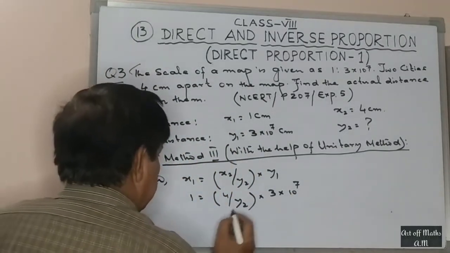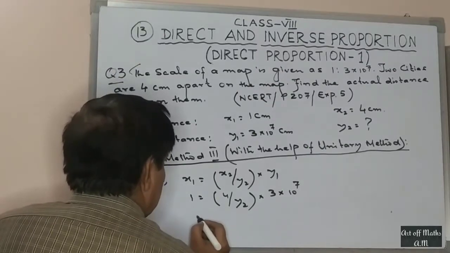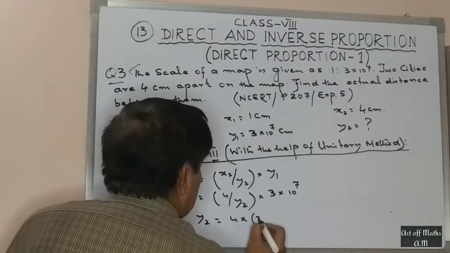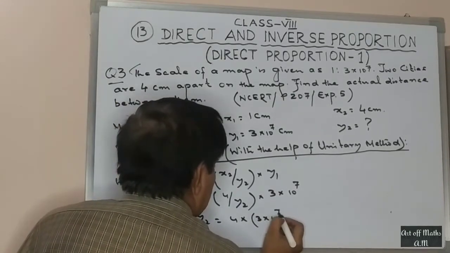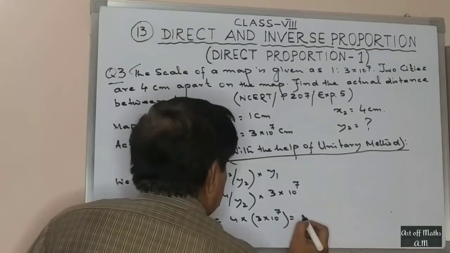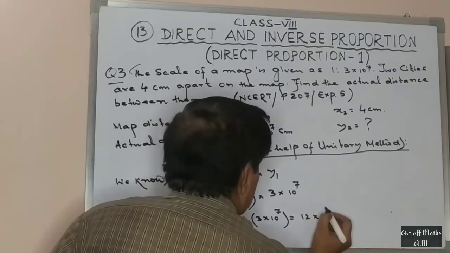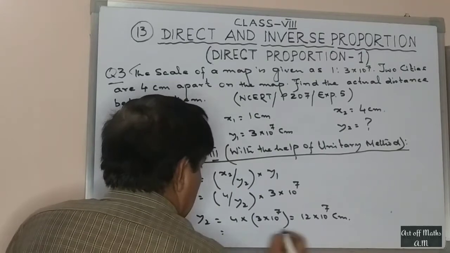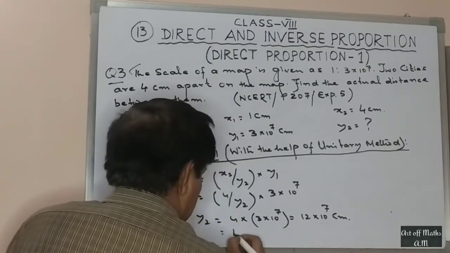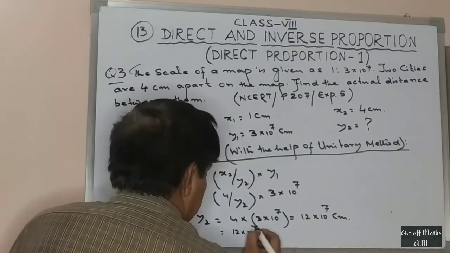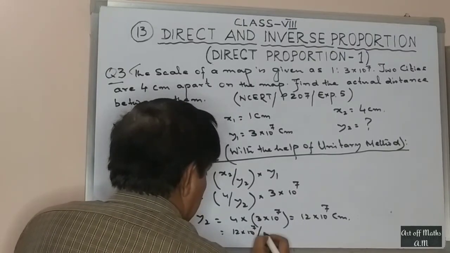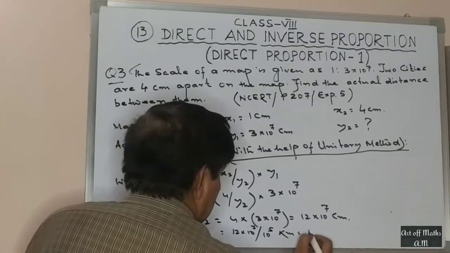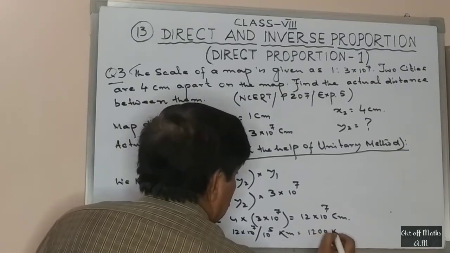Now, by cross multiplication, y2 equal to 4 into 3 into 10 to the power 7. That means 12 into 10 to the power 7 centimeter, or 12 into 10 to the power 7 divided by 10 to the power 5 kilometer, equal to 1200 kilometer.